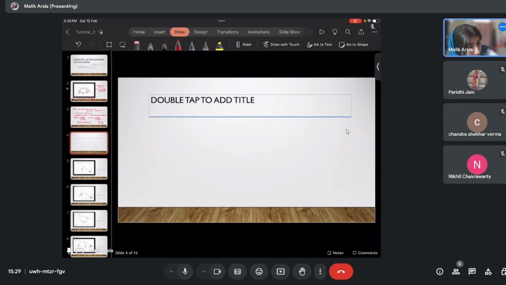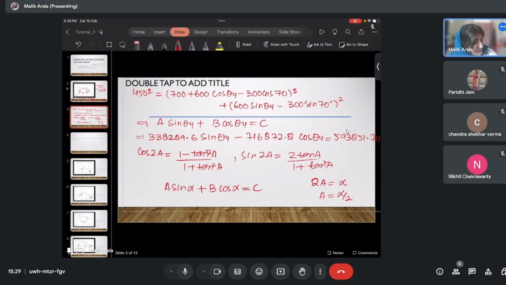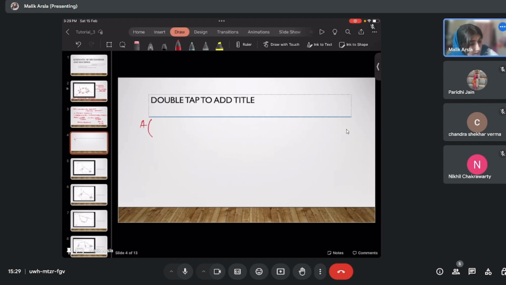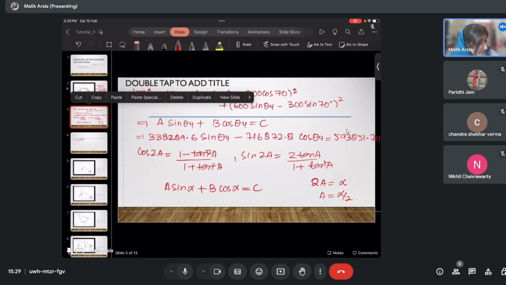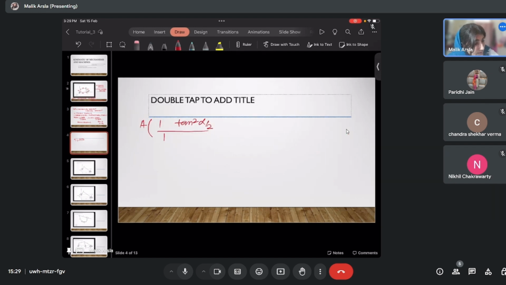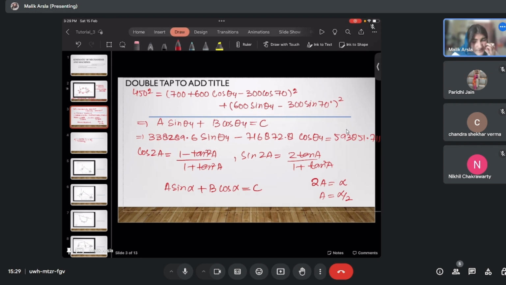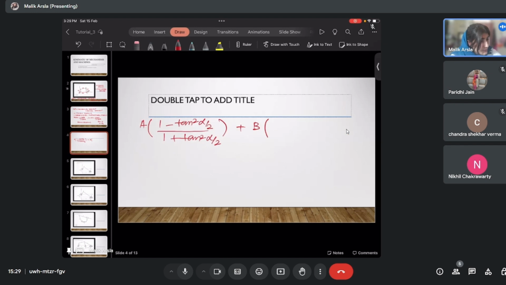So now what this equation will turn out to be: b times 1 minus tan square alpha by 2 upon 1 plus tan square alpha by 2 plus a times, instead of sine alpha, 2 tan alpha by 2 upon 1 plus tan square alpha by 2.